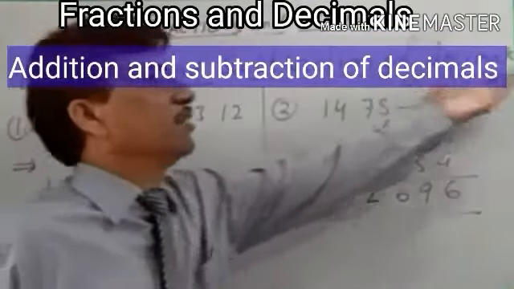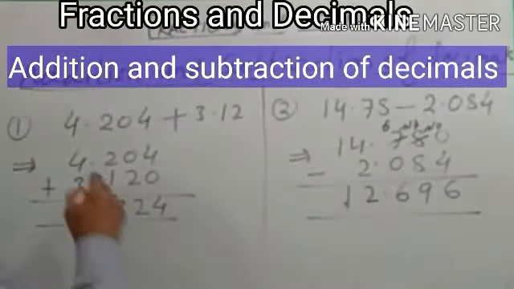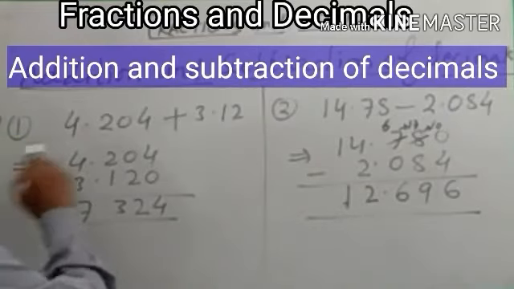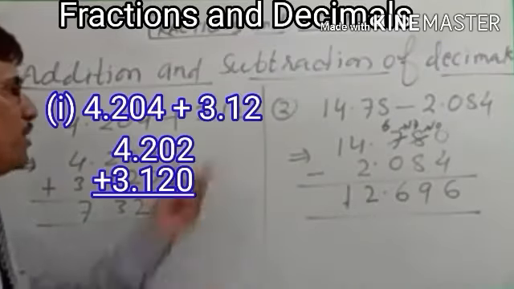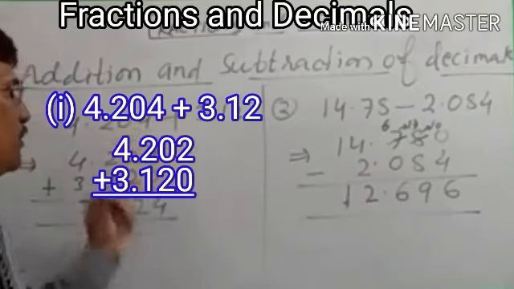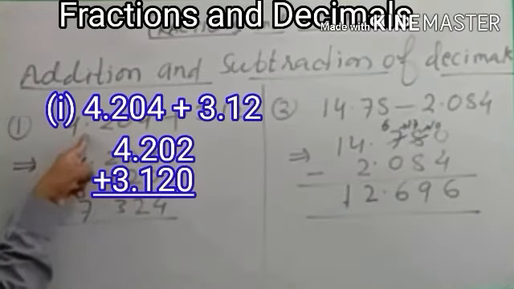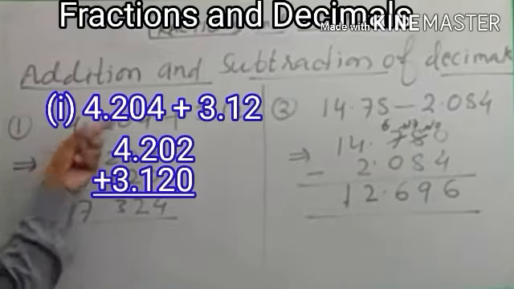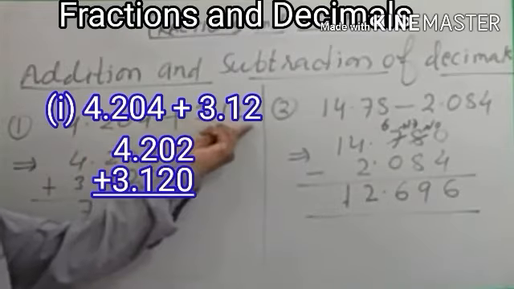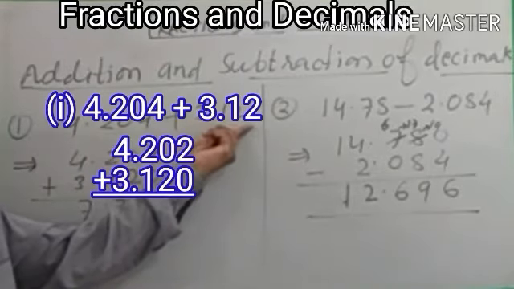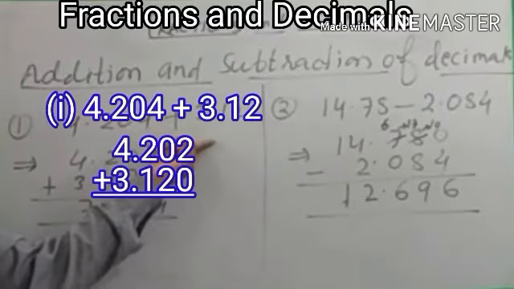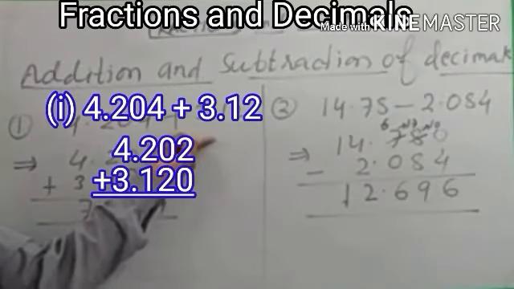Addition and subtraction of decimals. First, 4.204 plus 3.12. We have to add these. Student, you can see after the decimal there are 3 digits here and 2 digits here. So first we have to convert into like decimals.